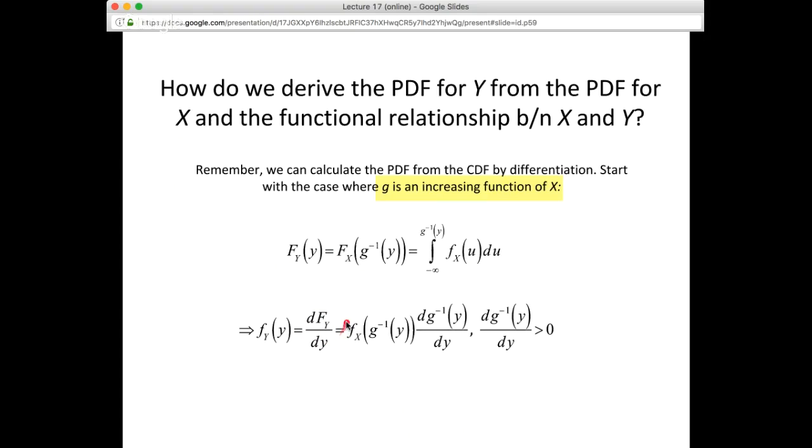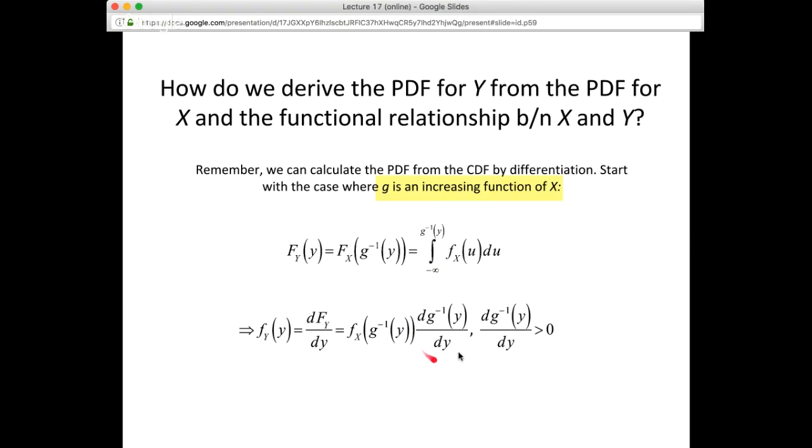If we take the derivative with respect to y of the right-hand side, this integral, we get the argument of the integral, f of x, evaluated at the upper limit, g inverse of y, times, through the chain rule, the derivative of g inverse of y with respect to y. So we're essentially applying the chain rule, taking the derivative of the integral first and evaluating it at the upper limit, using the fundamental theorem of calculus.